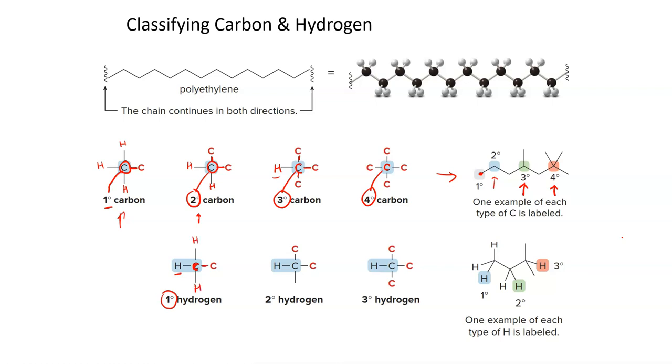On this compound, the primary carbon has primary hydrogens attached to it. And the secondary carbon here is attached to secondary hydrogens. So the hydrogens are associated with the carbon that they're attached to. And then here we have a tertiary carbon, and this hydrogen is a tertiary hydrogen.